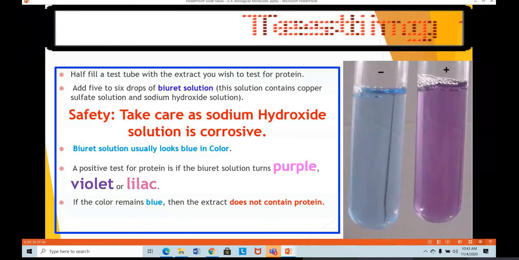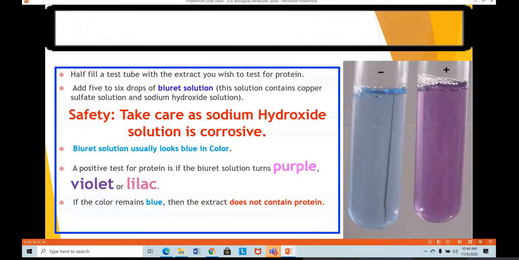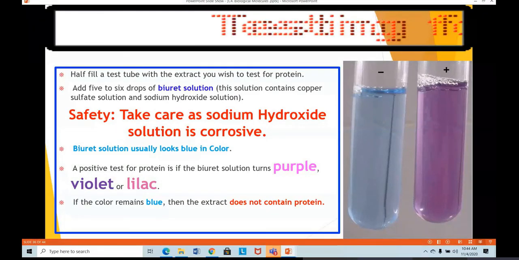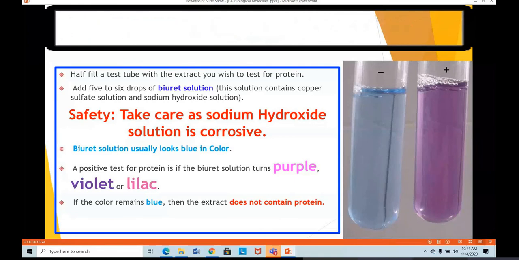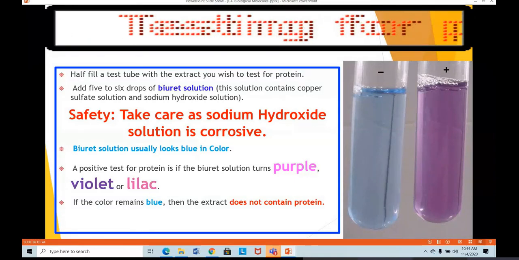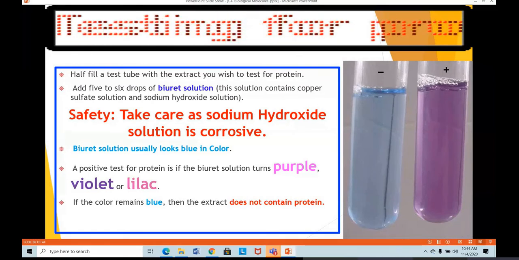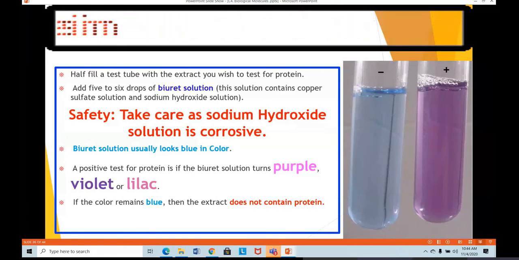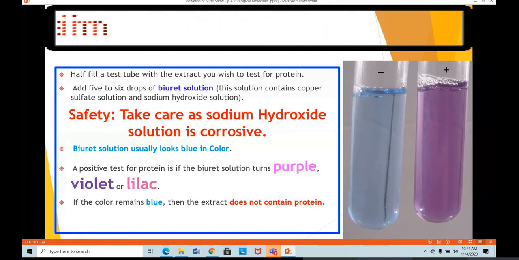This solution contains copper sulfate solution and sodium hydroxide solution. Safety: take care as sodium hydroxide solution is corrosive. Biuret solution usually looks blue in color. A positive test for protein is if the biuret solution turns purple, violet, or lilac. If the color remains blue, then the extract does not contain protein. Excellent. Thank you so much, sweetie.